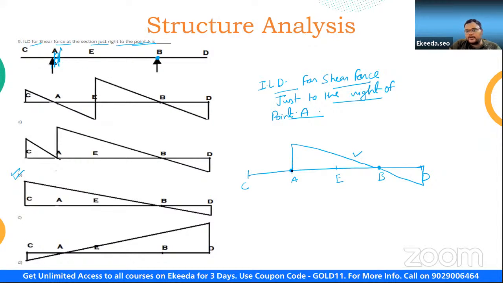It means to the left of point A, it is going to remain 0. And now we have to take the same slope like this to the left of point A. So what will happen if we take the same slope? It is going to go like this, right? So the correct option for this one is this diagram.